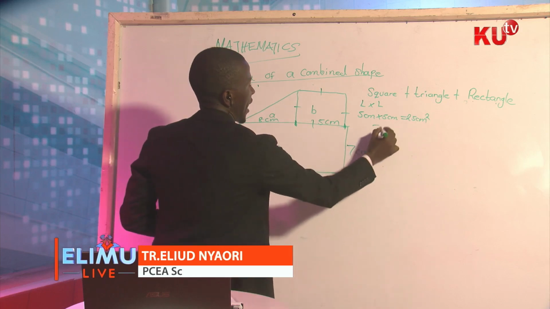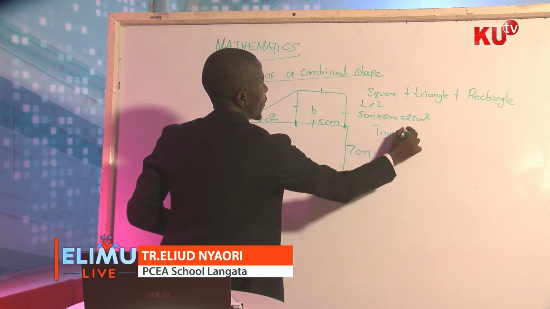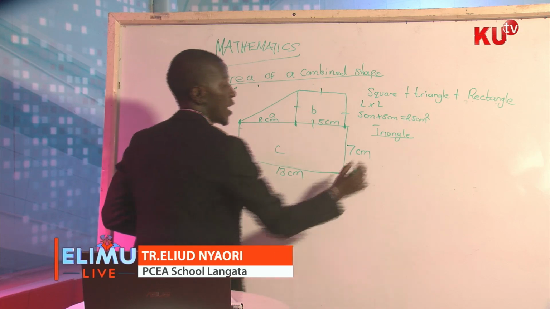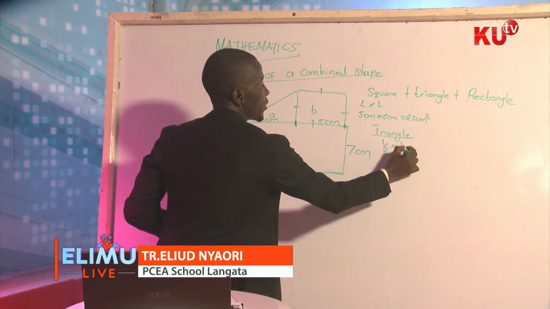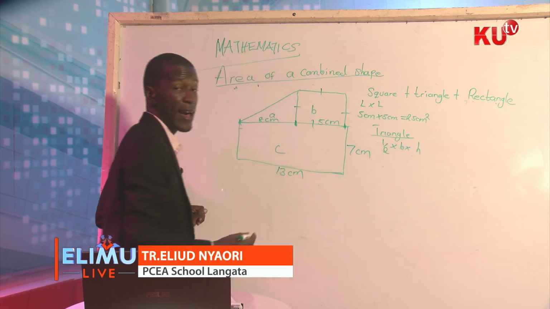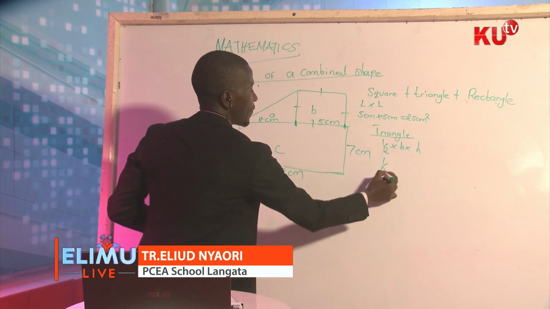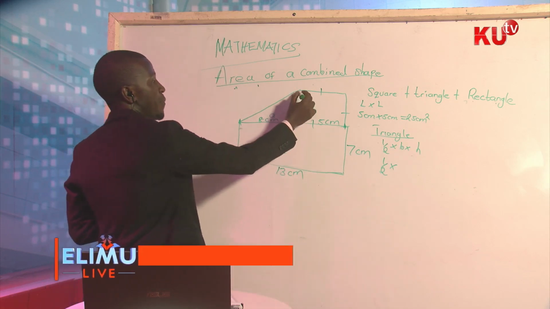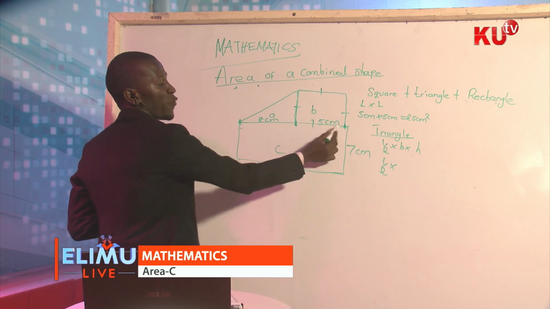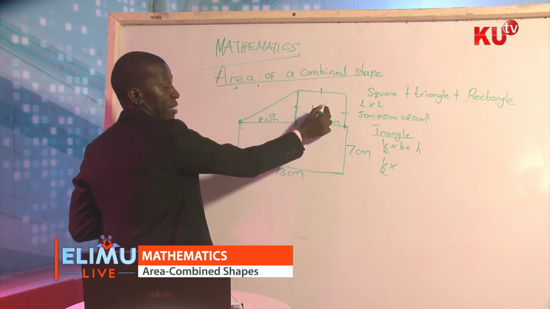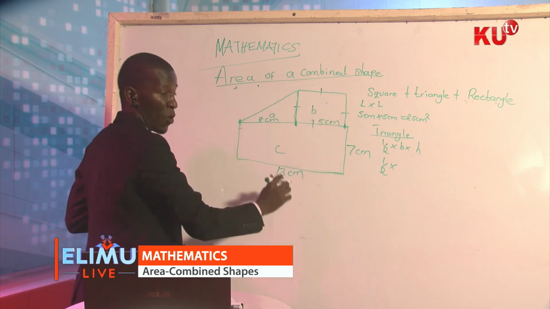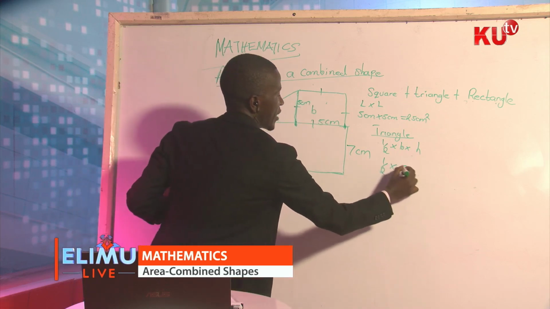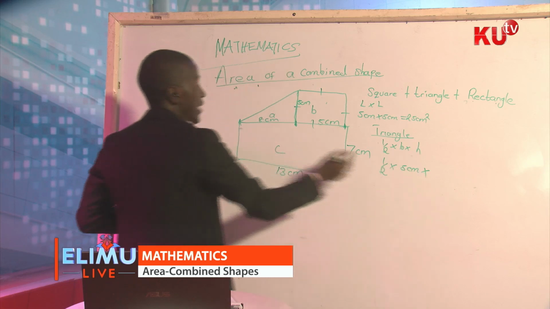Then we move to the triangle. Find the area of the triangle. The formula is 1/2 times base times height. What is our base? This is the base. Since this one is 5 and this is a square, all sides are equal, so this one is also 5 centimeters. So the base here is 5 centimeters times height.